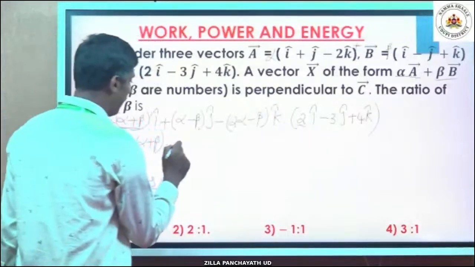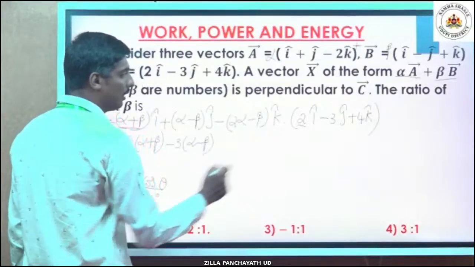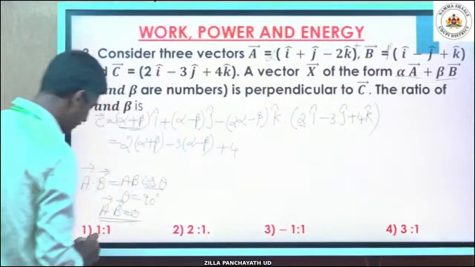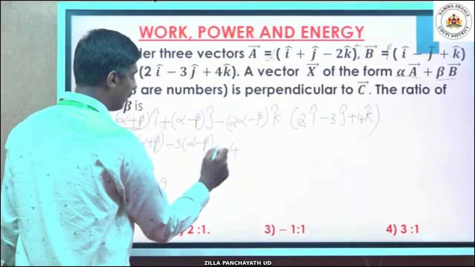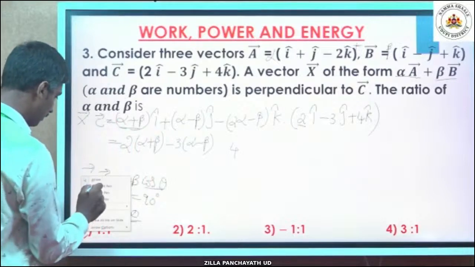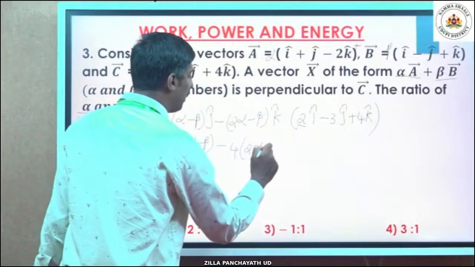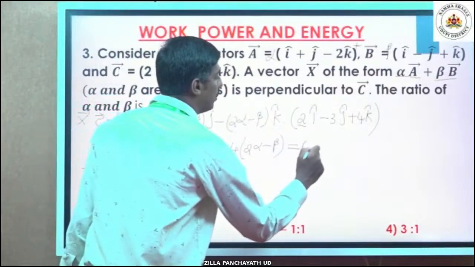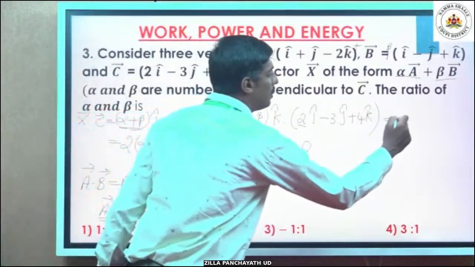Next, minus 3 times alpha minus beta. Then plus 4 times, minus 4 times 2 alpha minus beta. This must be equal to 0 because the resultant dot product is 0.